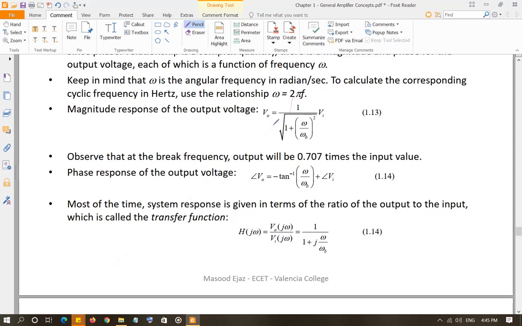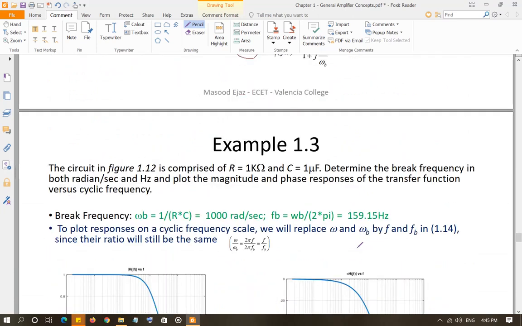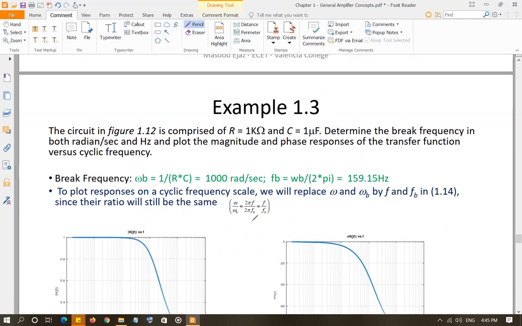So this is called the transfer function of the circuit, H of j omega, which is the ratio of V out over V in, and which will be 1 over 1 plus j omega over omega naught. In this example, I'm simply plotting the magnitude response and phase response.